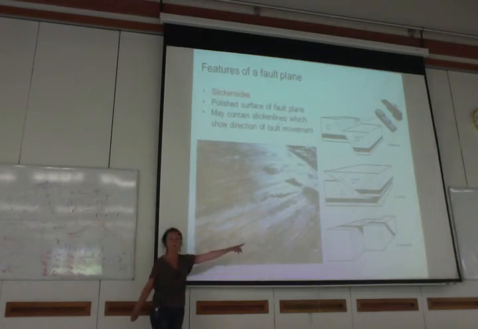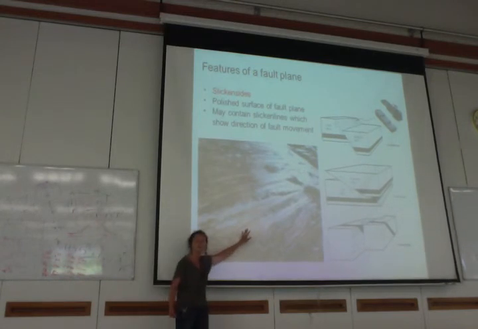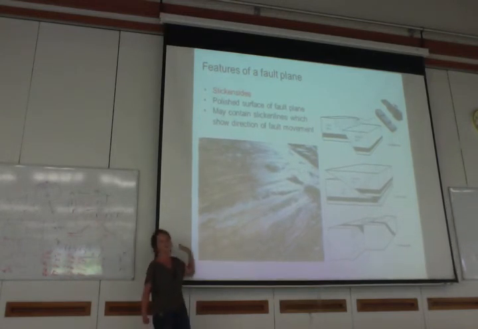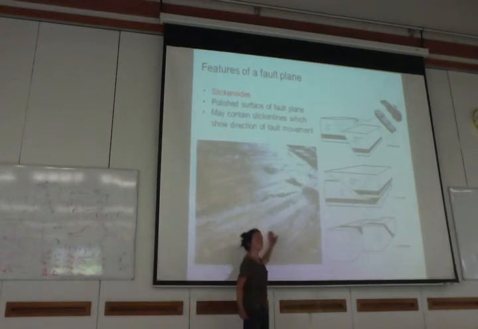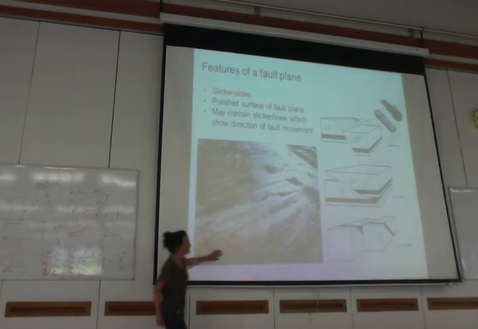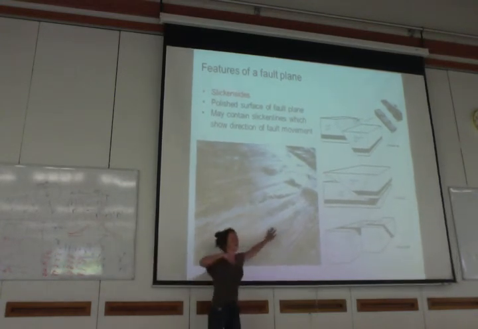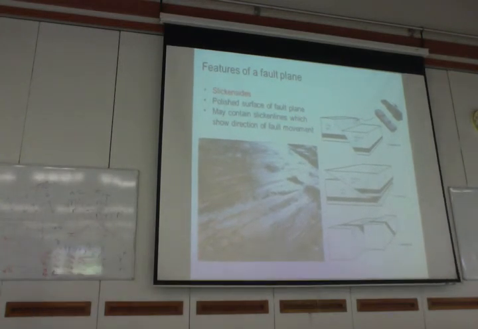So obviously along the fault plane, there's a lot of friction. And actually you can polish the surface because you're constantly moving along it. And if you were to feel these slickensides, they feel smooth in one direction and rough in another. And obviously the direction in which they feel smooth, that's the direction that the other fault block moved in the past.